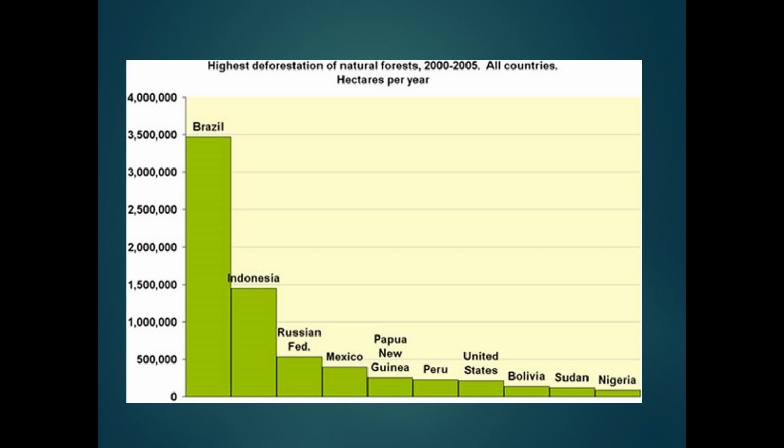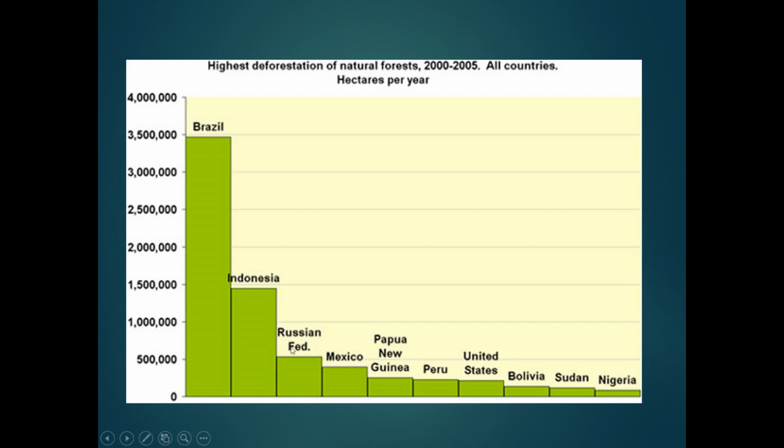If we look at the number of hectares per year lost in that same 5-year period, Brazil clearly stands out as number one for a whole variety of different reasons. Indonesia is the next highest, but does fall quite significantly behind.